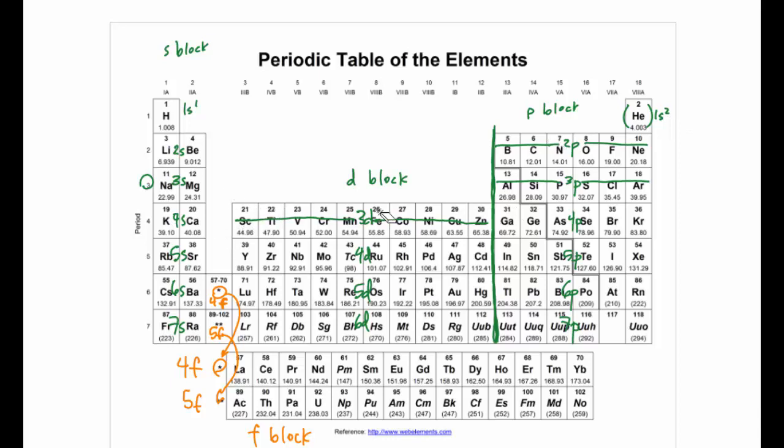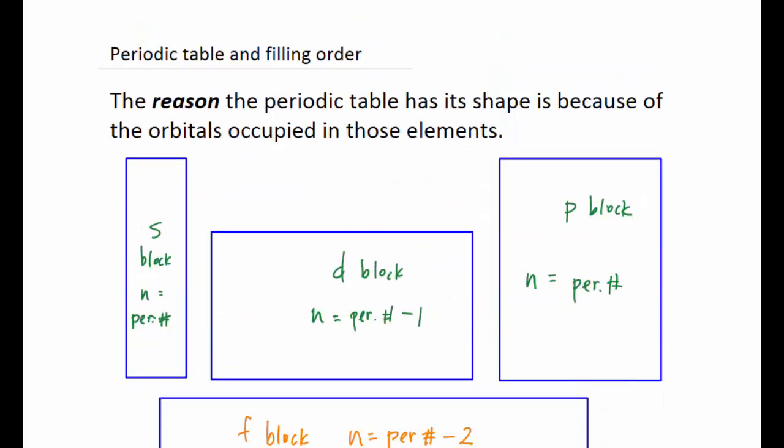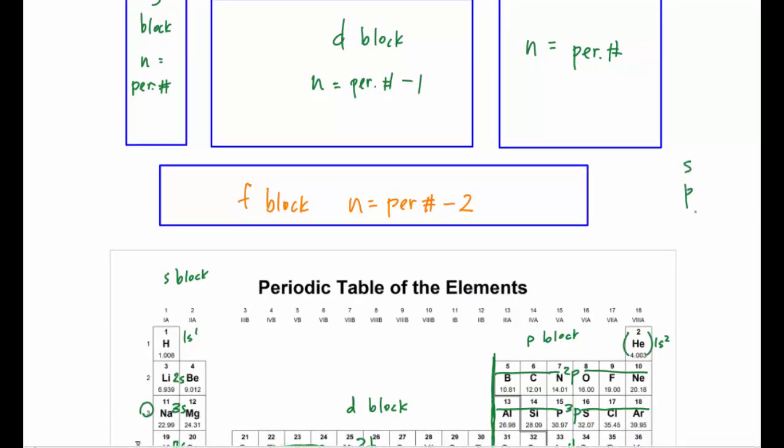How many electrons can fit into the D block? Yeah, it's 5 orbitals that can hold 10 electrons. So here, make a little table off to the side here. S, P, D, F, max: 2, 6, 10.